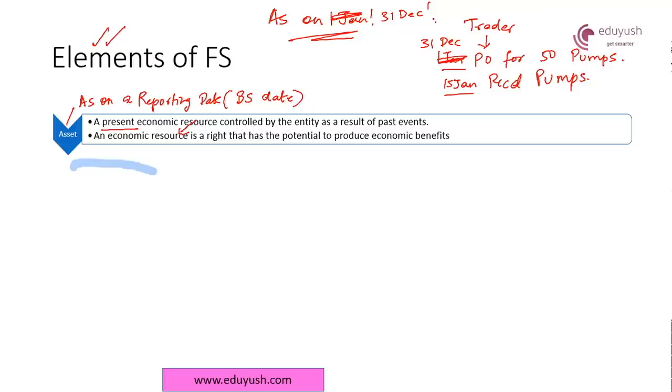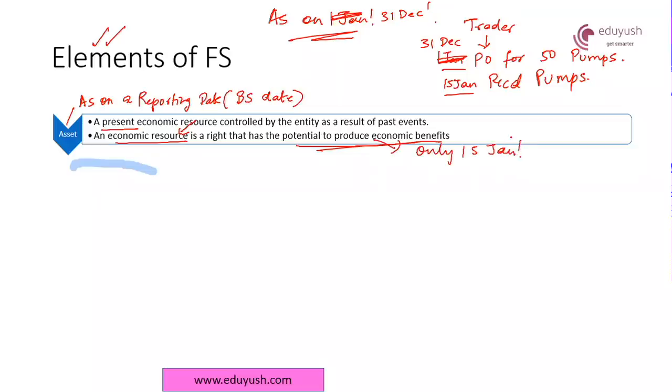What is an economic resource? The right that has a potential to produce economic benefits. So when does that inventory give you economic benefits? Can it produce economic benefits before you got the inventory in your physical possession? No. This happens only on 15th of January.